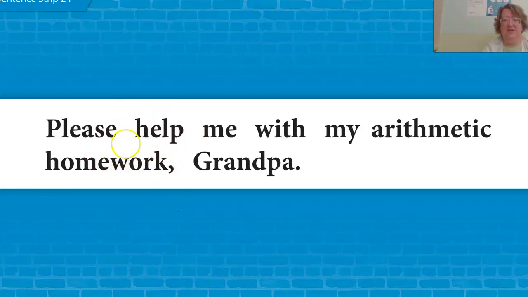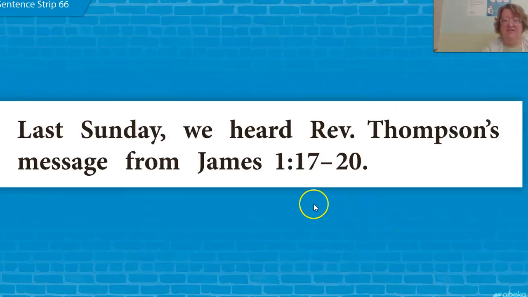Can you tell me, Caleb, why there would be a comma? Okay, we're doing a comma because we're speaking to Grandpa, and when we speak to someone, we separate it with a comma. Class, what type of sentence is this? Yes, it would be a declarative sentence.